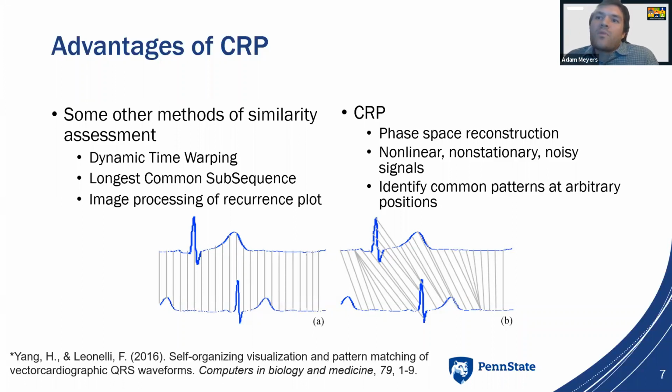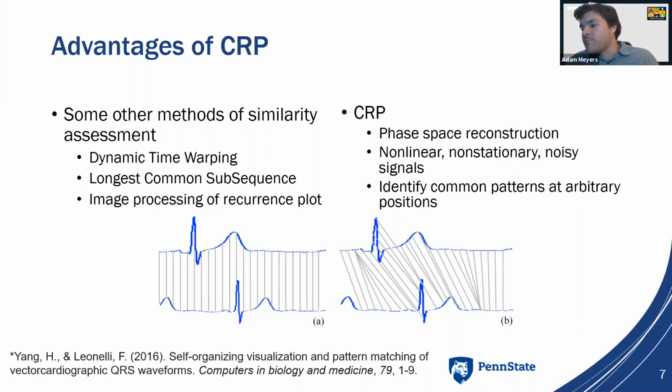And the cross-recurrence plot instead has several advantages. One advantage is phase space reconstruction, where you can think of a 1D time series and reconstruct it in a time-delayed phase space into, say, 3 dimensions. So from a 1-dimensional signal, you get a 3-dimensional signal.